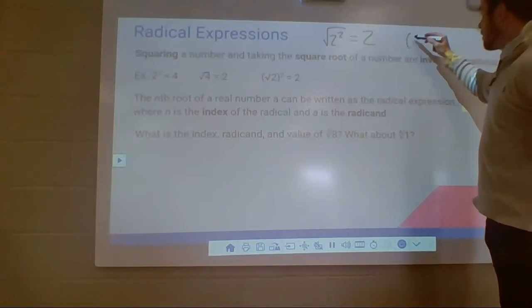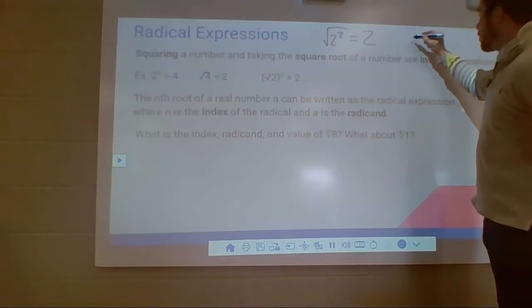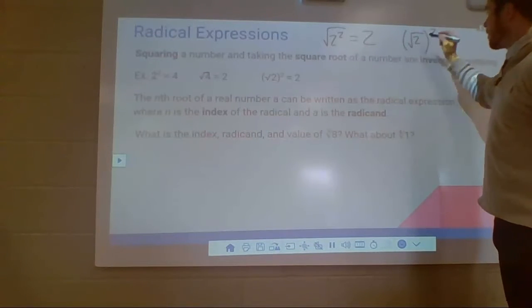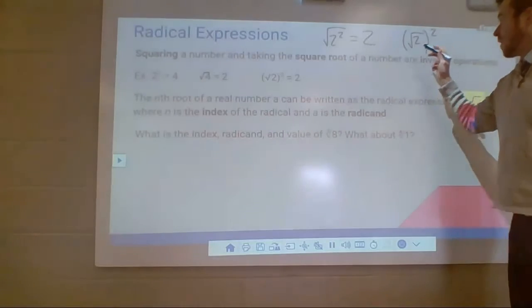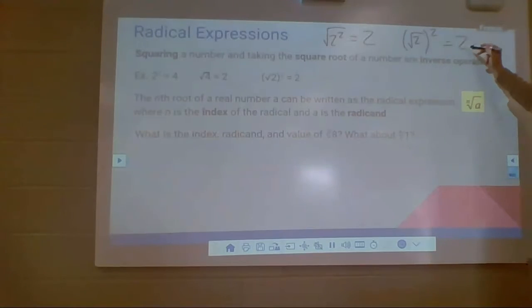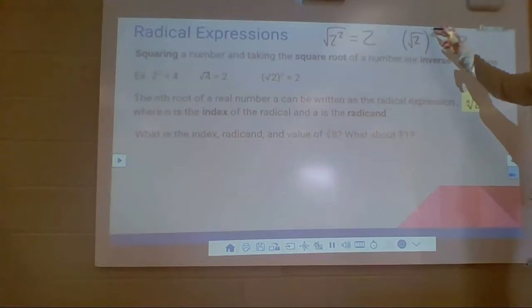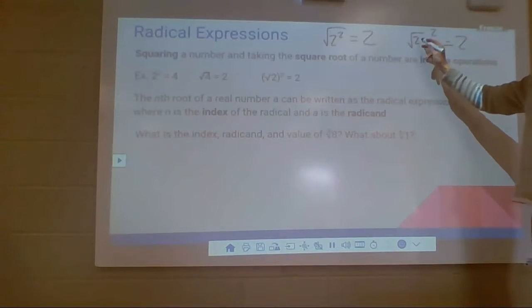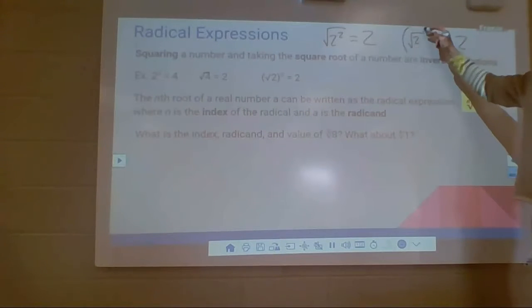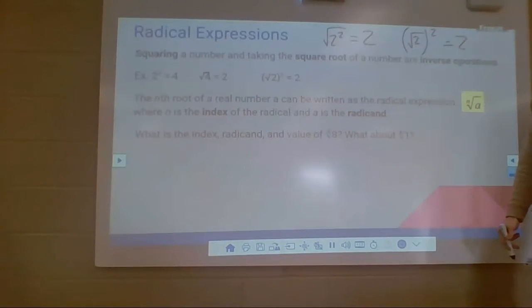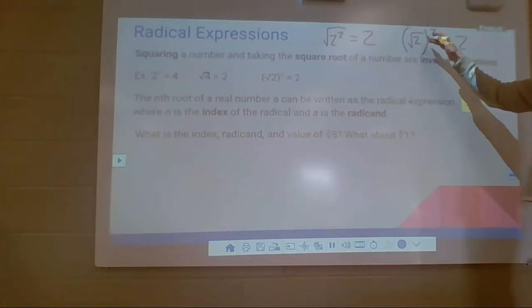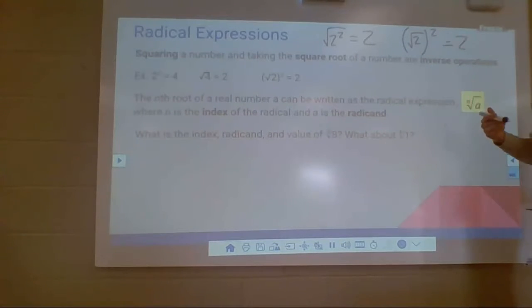Or if we take the square root of 2 and we square that, that will equal 2, okay? It's like that exponent of 2 sets that 2 free from its cage when we square it. So square root and the exponent of 2 are inverse operations.